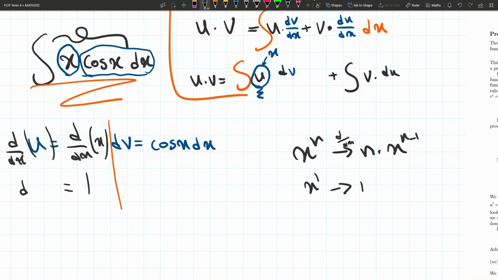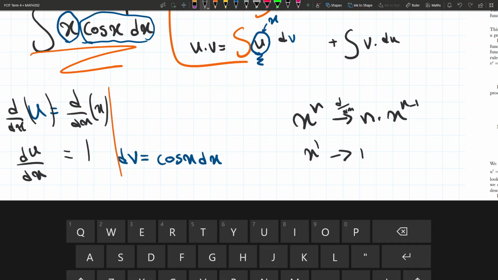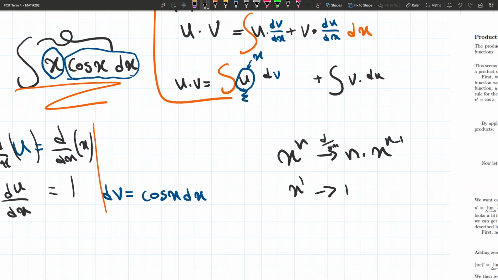Now here, we don't know how to simplify this further. Over here, let me just bring this down. So now we have dv equal to cosine x dx. And if you look over here, we have uv and we have v du.